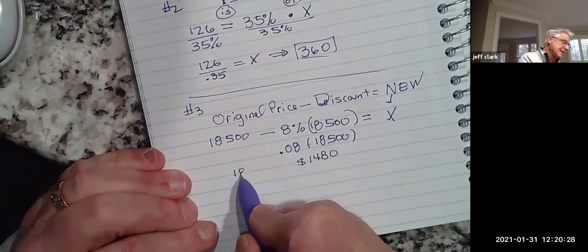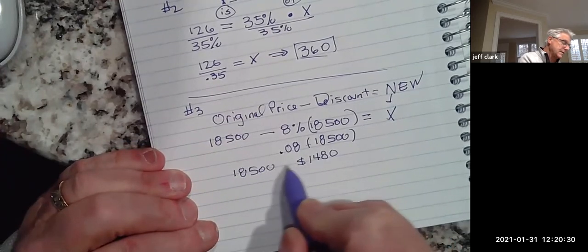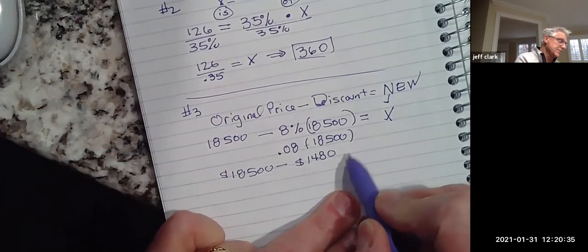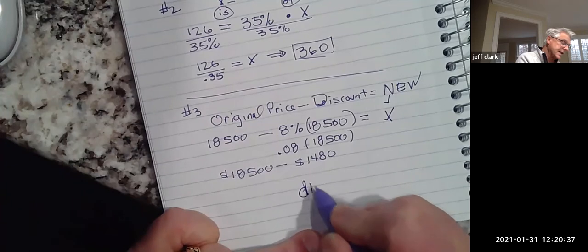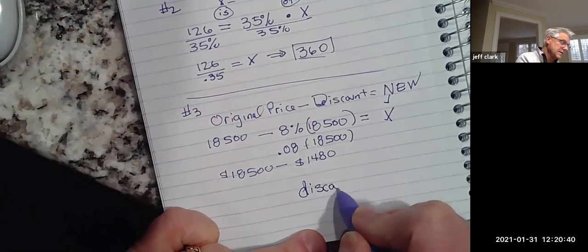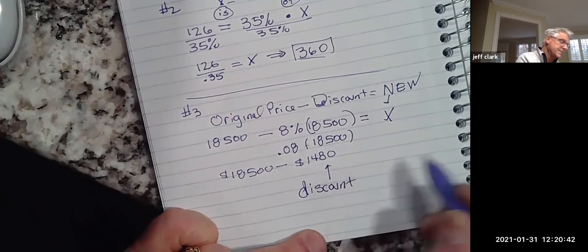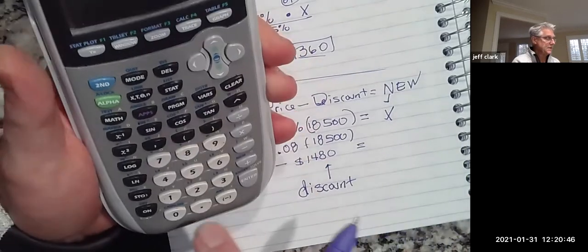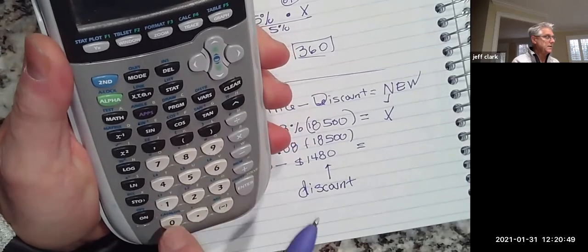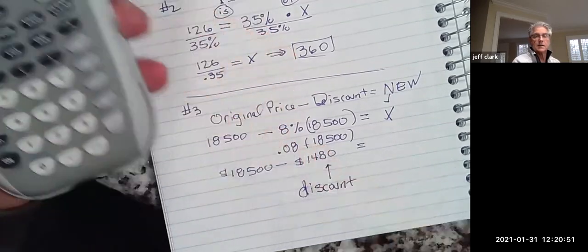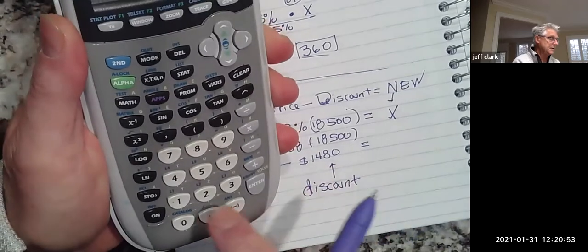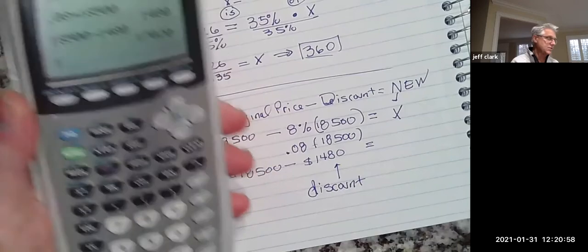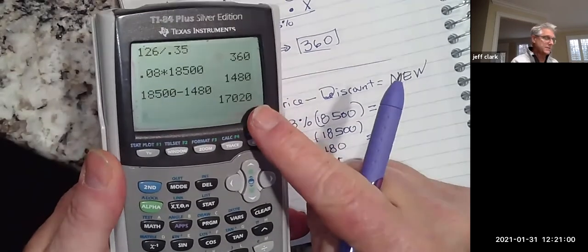So 1480 is your discount. You have 18,500. So this is your discount. That's the answer to one of them. And then your new price would be the difference between those. So you have 18,500 and subtract 1480. And it looks like I got $17,020.